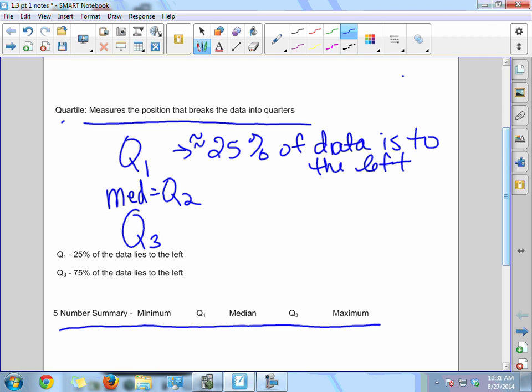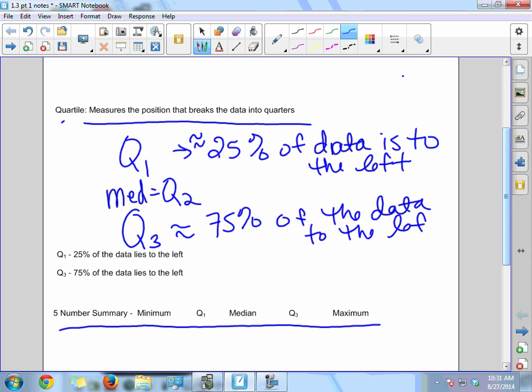And then Q3 is going to have approximately 75% of the data to the left. And then the median, which you guys already know about, is 50% of the data to the left and 50% to the right.